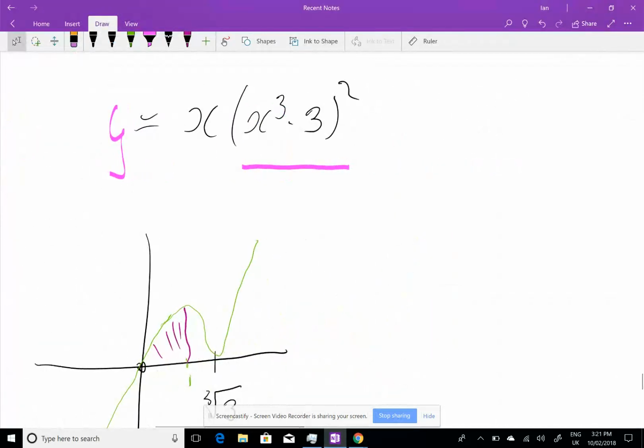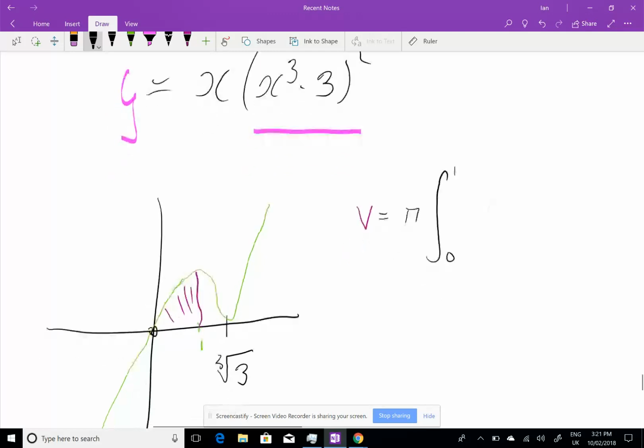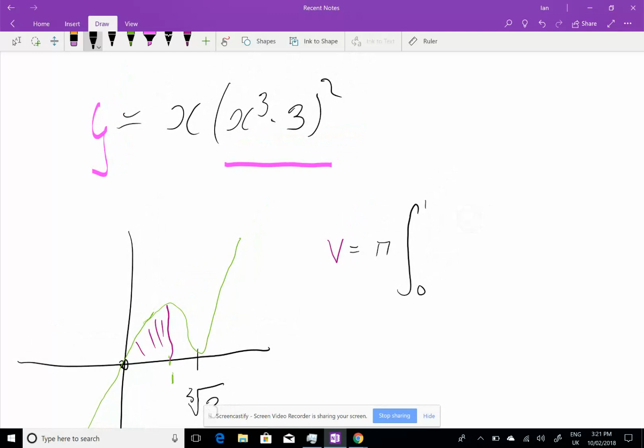All right, so let's set it up. So our volume equals pi, between 1 and 0. Now we need y squared. So we need all that squared. That's why it's good that they wrote it in factorized form.